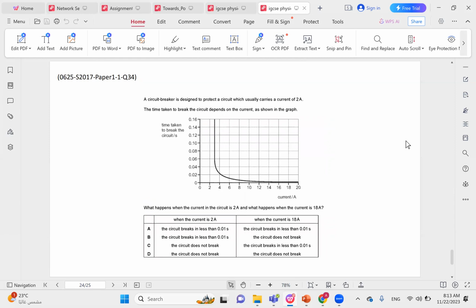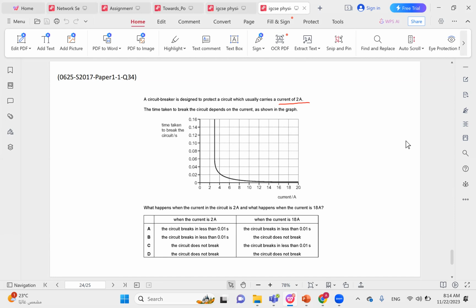A circuit breaker is designed to protect a circuit which usually carries a current of 2 amperes. The time taken to break the circuit depends on the current as shown in the graph. What happens when the current in the circuit is 2 amperes, and what happens when the current is 18 amperes? If the circuit usually carries 2 amperes, obviously we do not want the fuse or circuit breaker to work at that current, because then every day the circuit breaker would break the circuit or the fuse would blow.